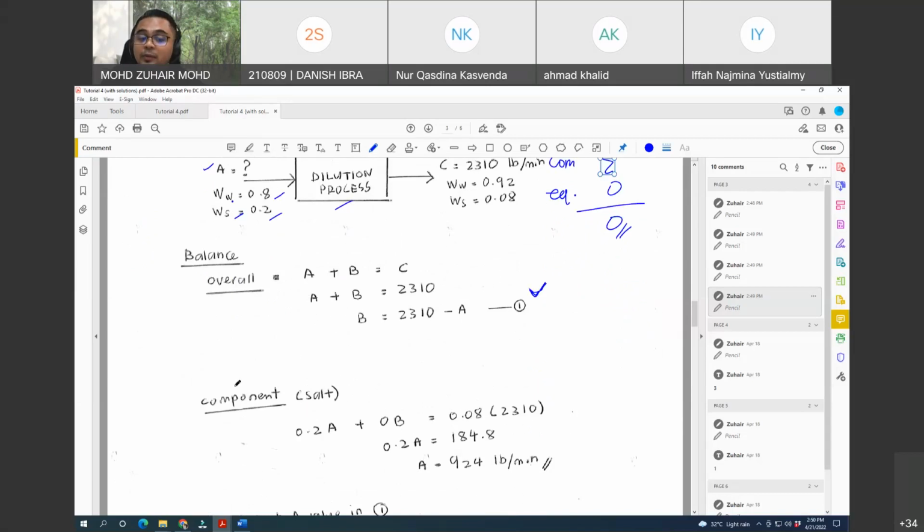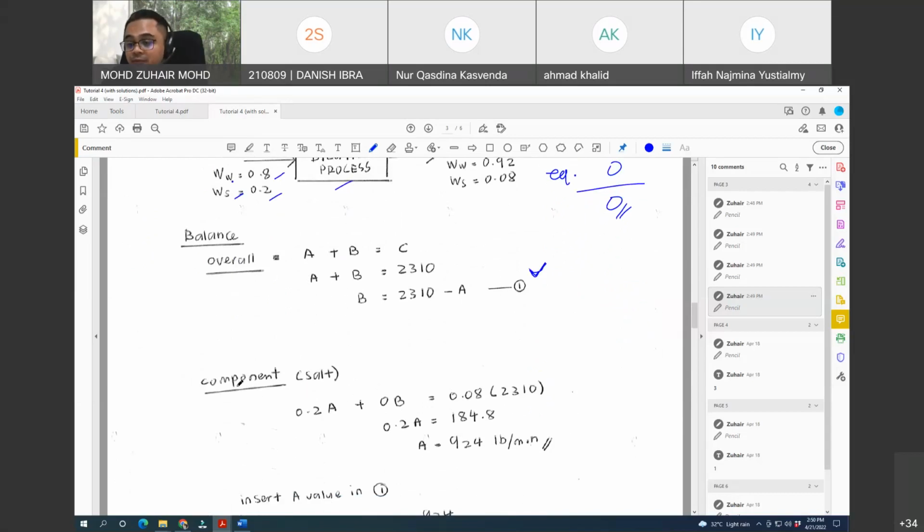For the component balance, we can choose whether to do the balance for the salt or for the water. I choose to solve using the component balance of salt; I will explain later why.